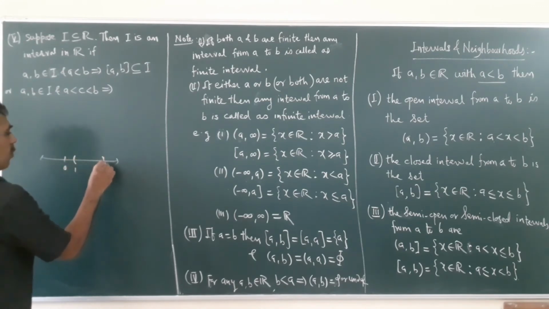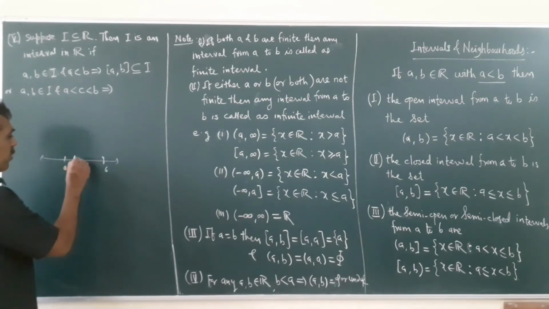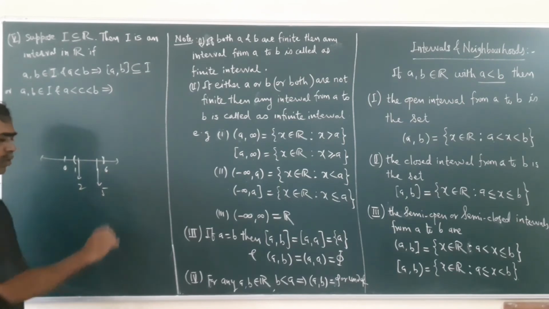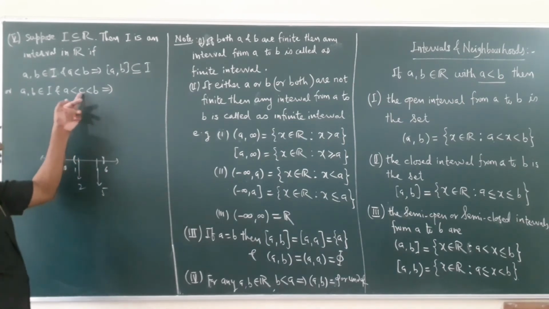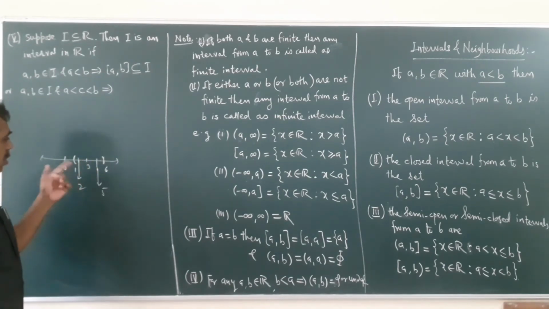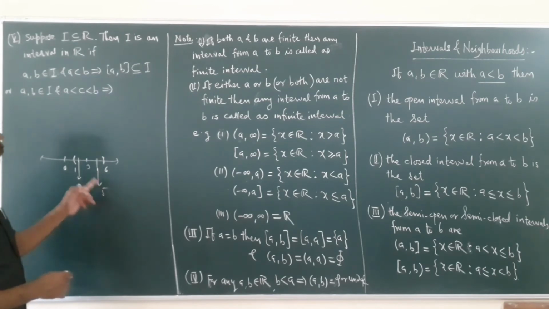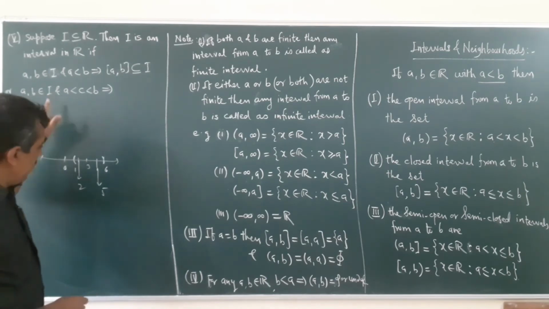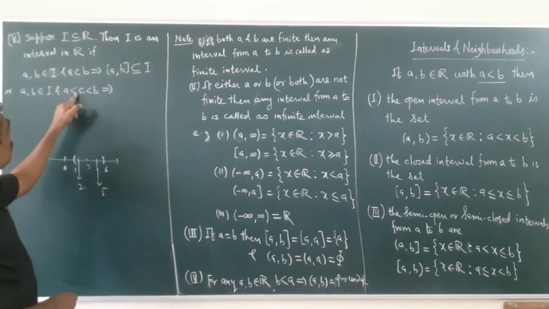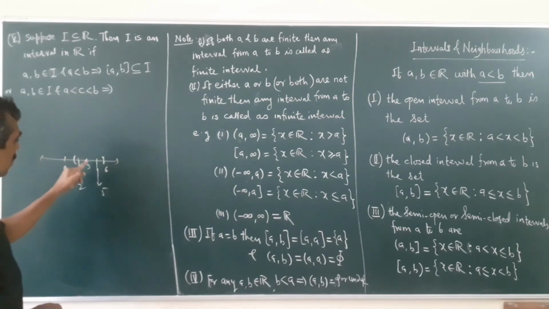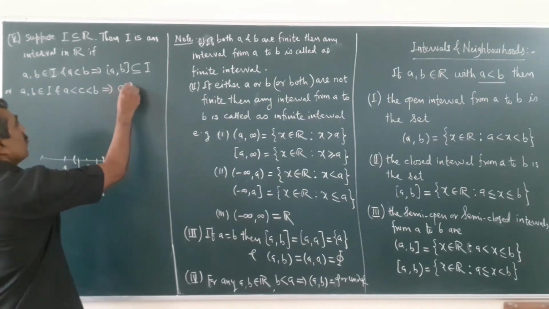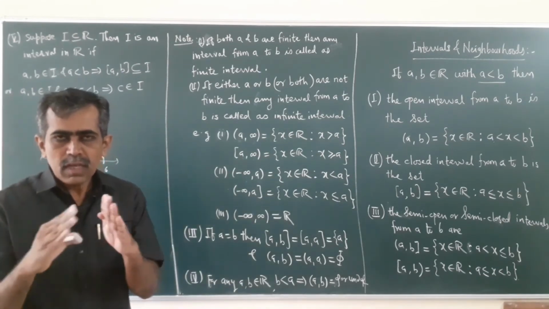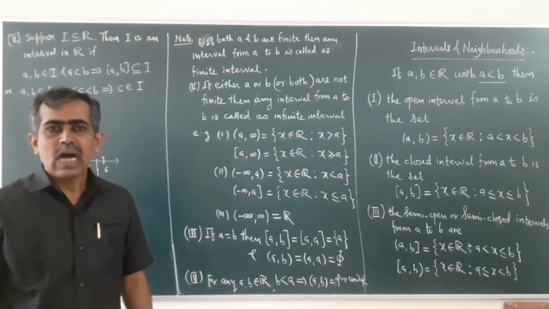If I consider this open interval 1 6 or say closed interval 1 6, suppose I consider here a and here b, suppose this is my 2, this is my 5, and if I consider any number between 2 and 5, suppose I consider 3, then 2 and 5 belong to I, 3 lies between 2 and 5, then 3 must also belong to I. Any number between a and b must belong to I.